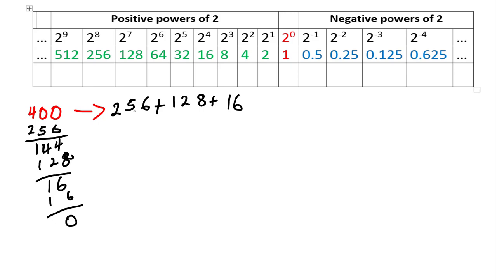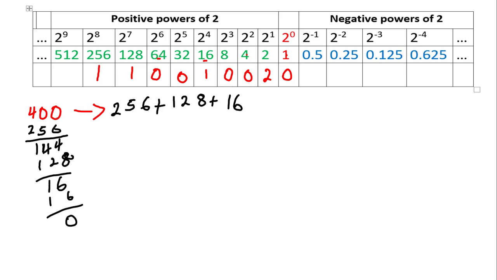We have 256 here and then 256 in the table, so that will be 1. 128, 128, 1. 64, no 64, 0. 32, no 32, 0. We have 16, 16, 1. 8, no 8, 0. 4, no 4, 0. 2, no 2, 0. 1, no 1, and then 0.